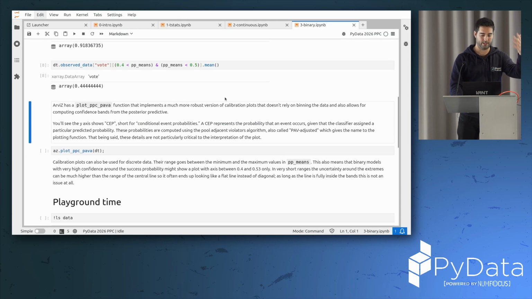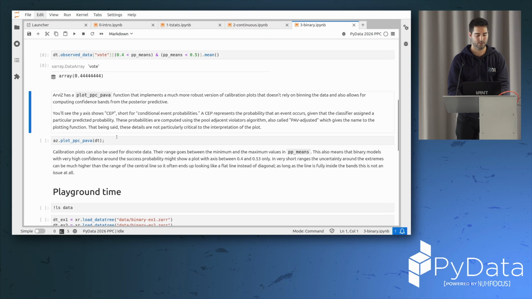So there are a couple of extra twists, but the intuition is the same. We want this diagonal line for our calibration to be good, and we will just build an extra envelope and so on.